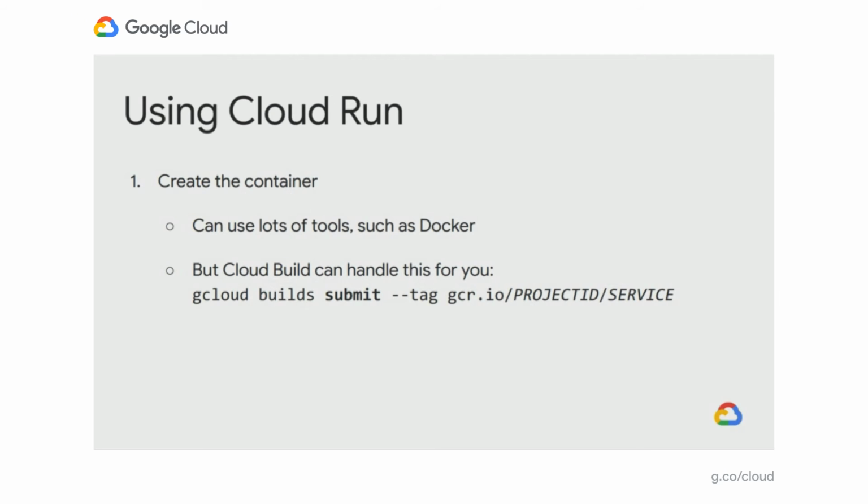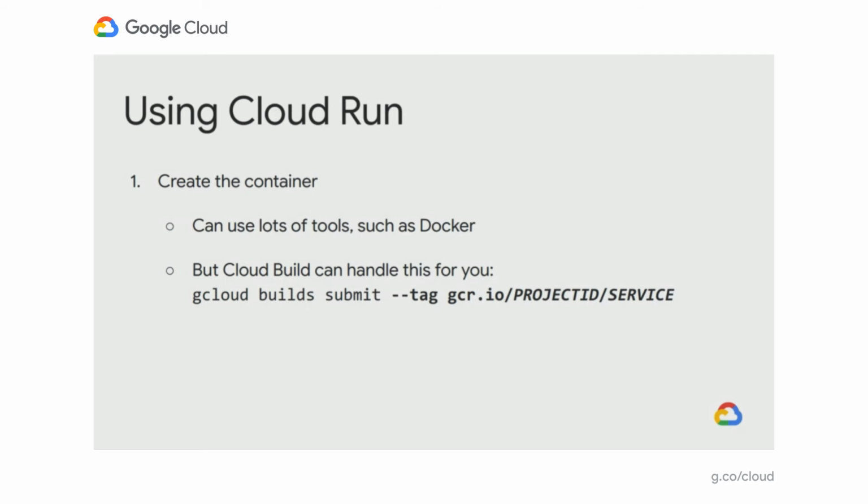We're going to submit it to an artifact repository and tag it with a name that is based on our current project ID. As you saw, the project we were working on was called Engelke Next. I used my name to make it globally unique, and then a slash and the name of a service. And we can use just about anything for that service name. We used Roman because this is a service that's going to give you Roman numerals.